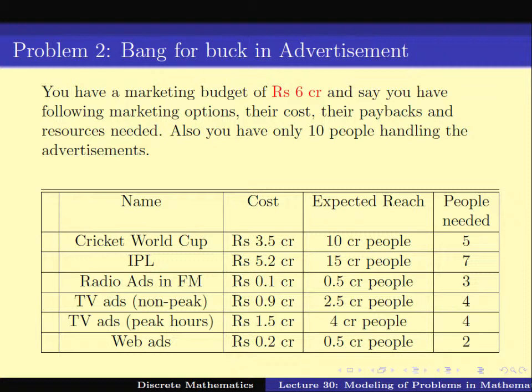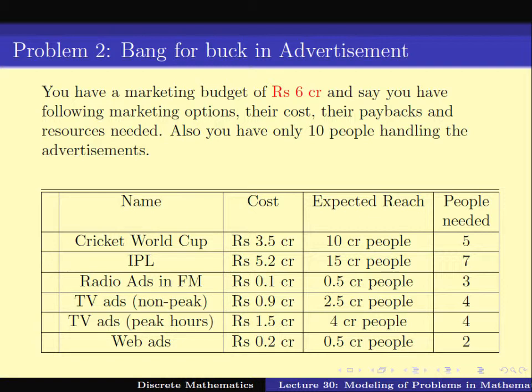You have 6 crore in hand and 10 people, and you have to invest in various advertisement options. Each advertisement option has a cost associated with it and the number of people required, and each of them has an expected number of people it will reach.